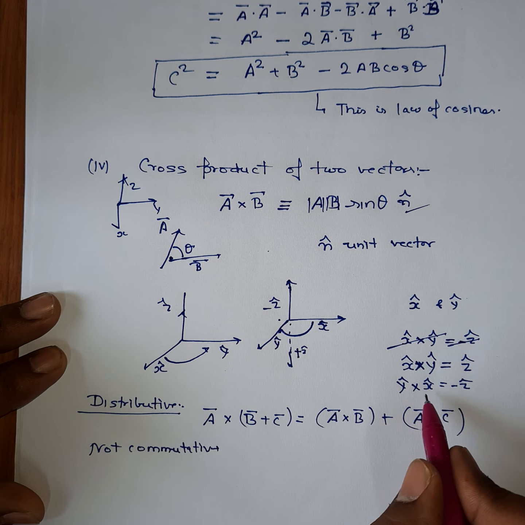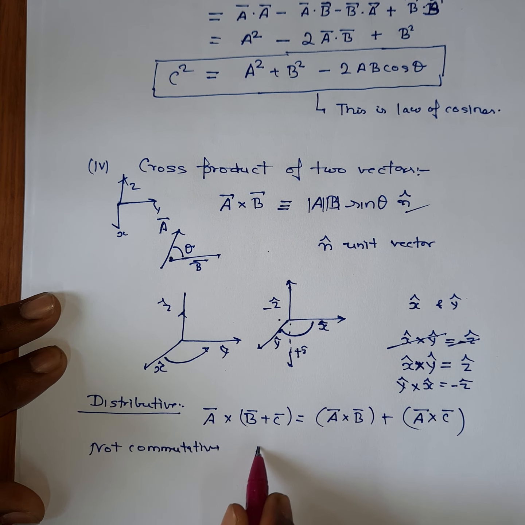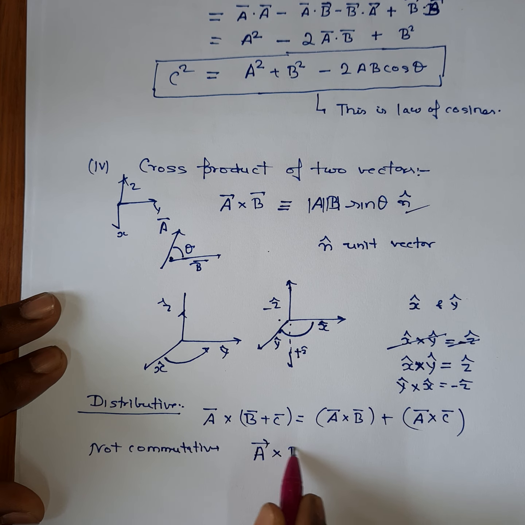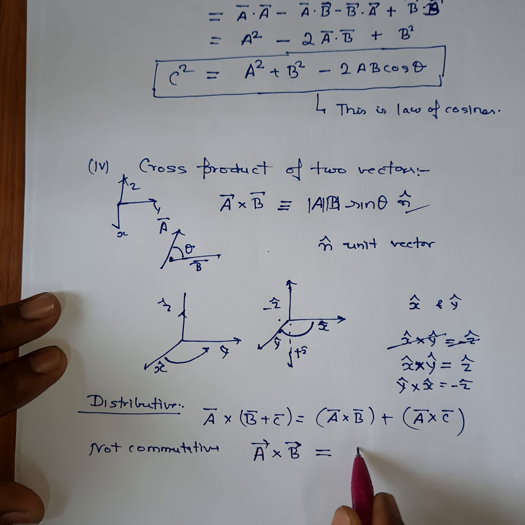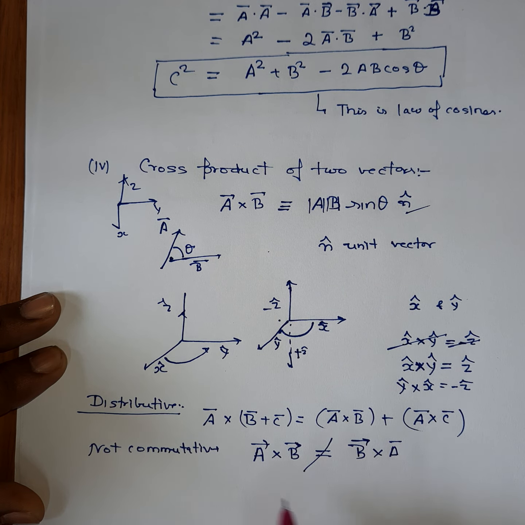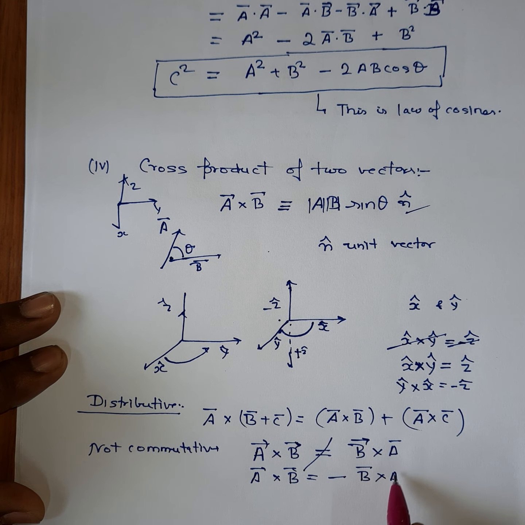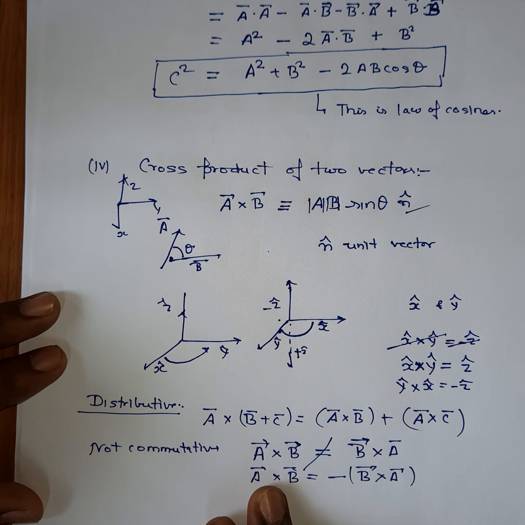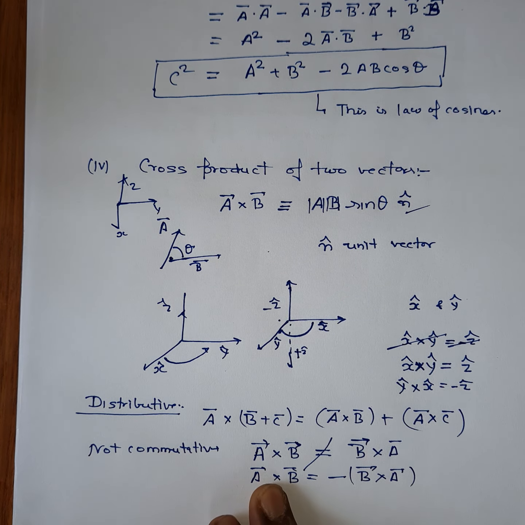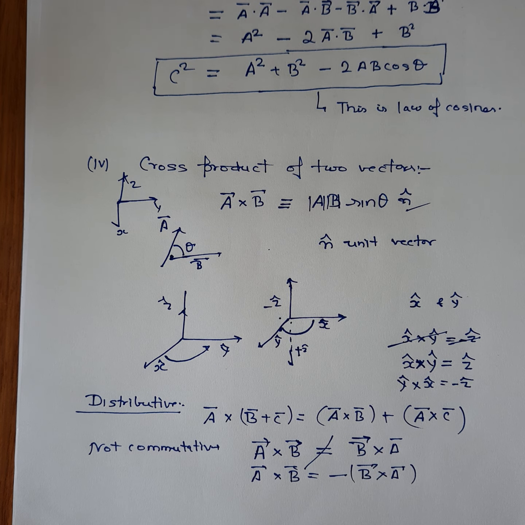As we have shown here, A vector cross B vector is never commutative. B vector cross A vector is not the same; the direction will change. A cross B should be equal to minus B cross A. So the cross product is not commutative.